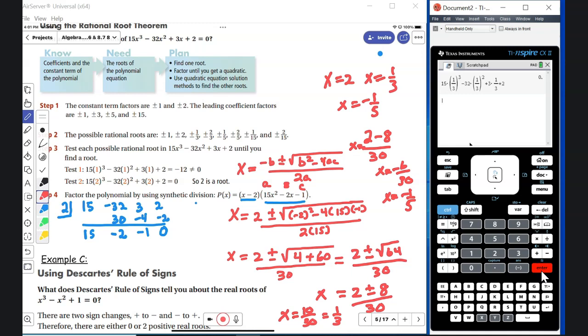Now I'm going to go ahead and check negative 1/5, and let me just circle my zeros. Okay. So those are the zeros.